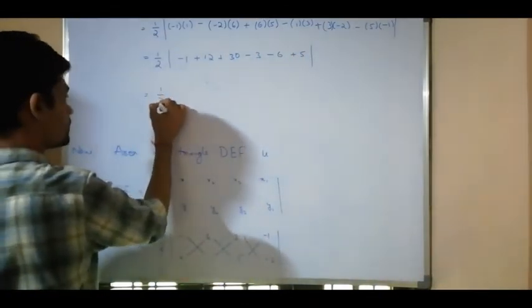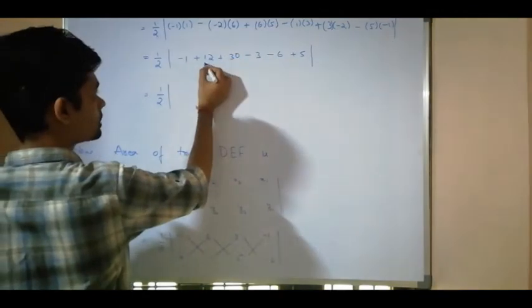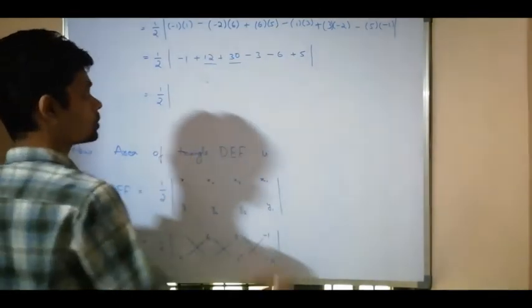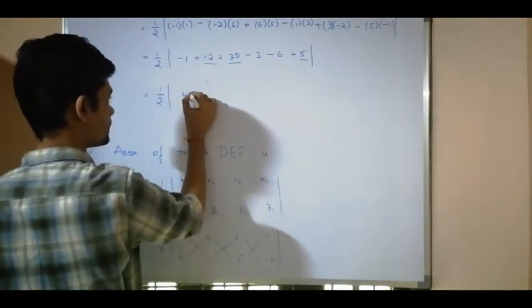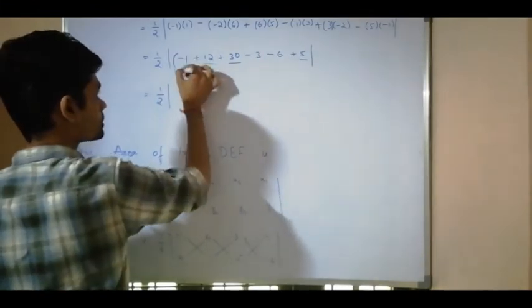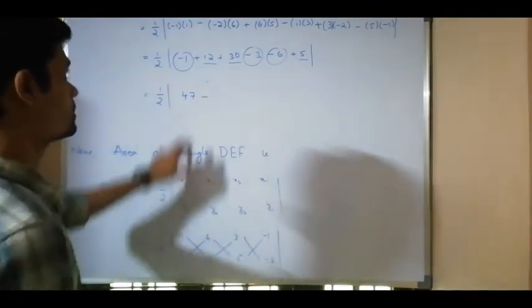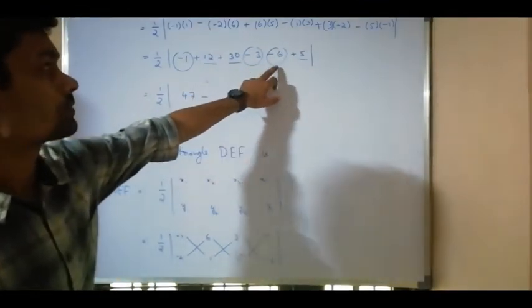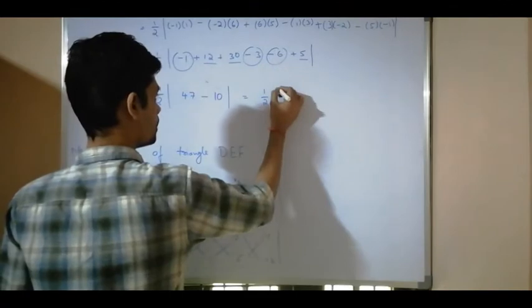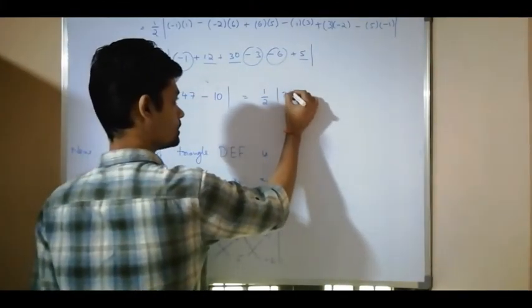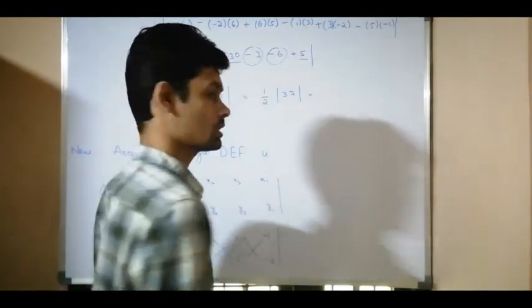Which is equal to half modulus of, first I am writing all the positive terms: 12 plus 30, 42, 42 plus 5, 47, minus, now negative terms: minus 1, minus 3, minus 6, minus 1, minus 3, minus 4, minus 4, minus 6, minus 10, which is equal to half modulus of 37.